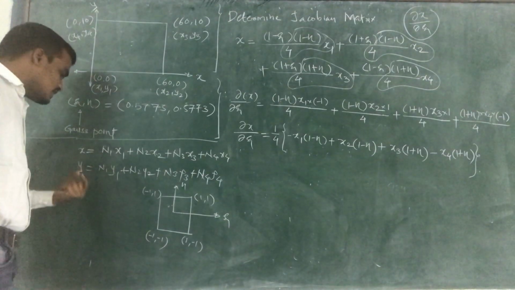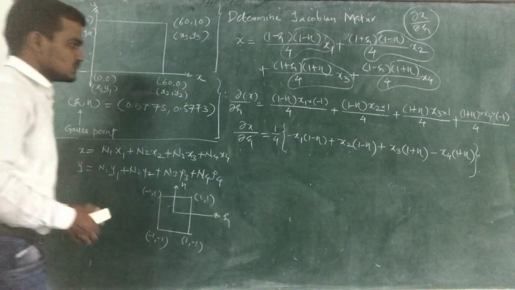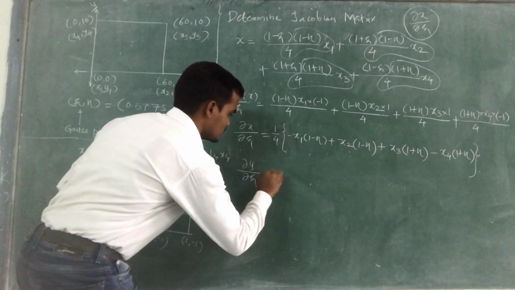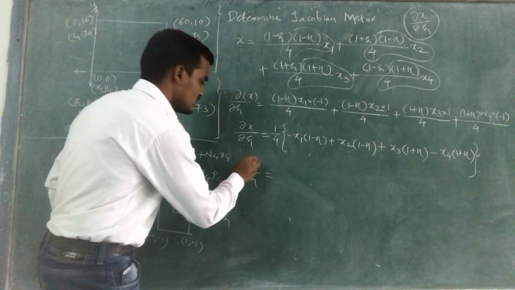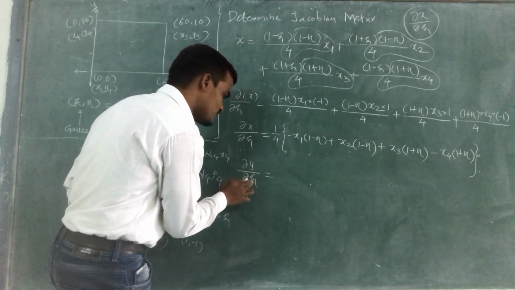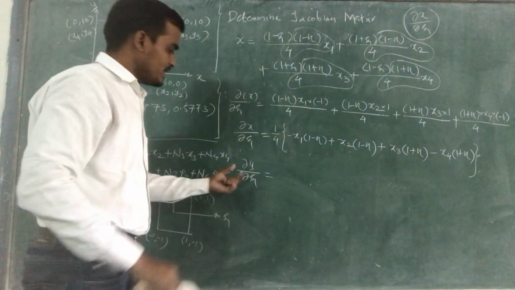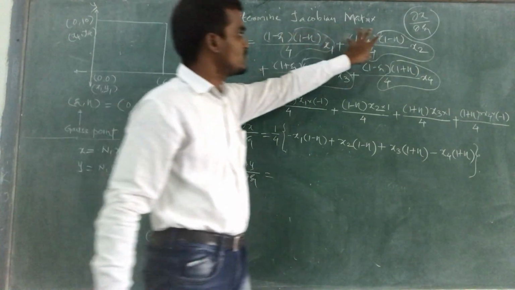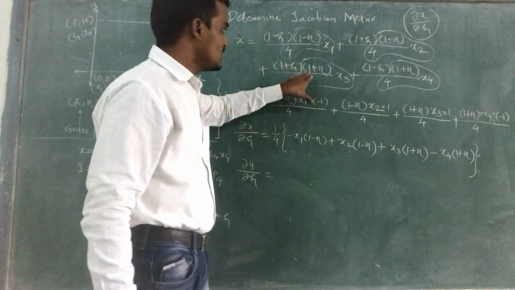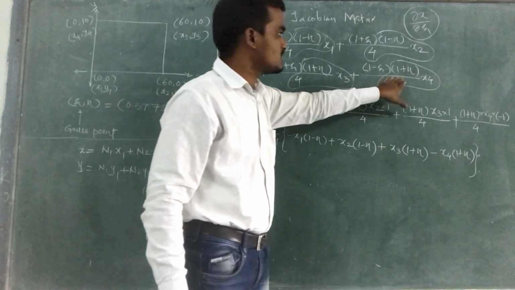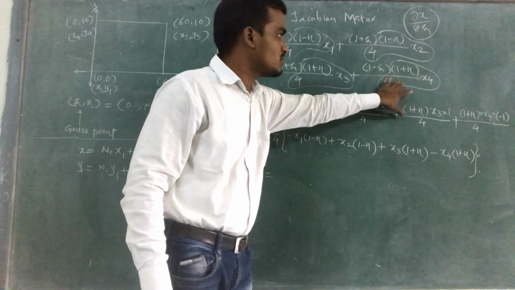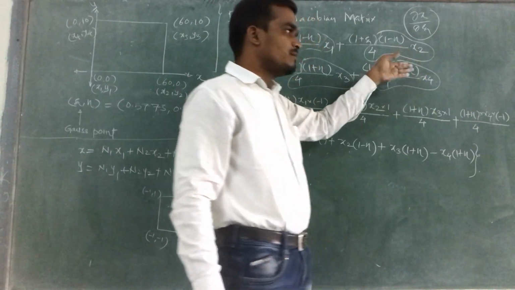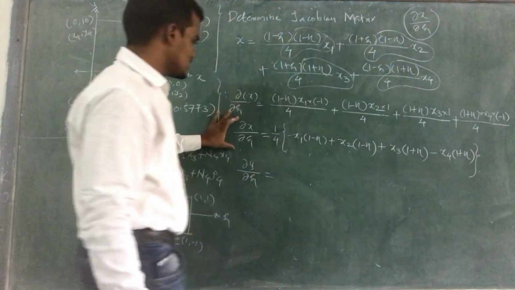So if we take ∂y/∂ζ, because here we are taking the derivative of y with respect to zeta, it means we are taking the derivative of this term with respect to zeta, this term with respect to zeta, similarly this term and also this term. It means only x1, x2, x3 and x4 will be replaced.